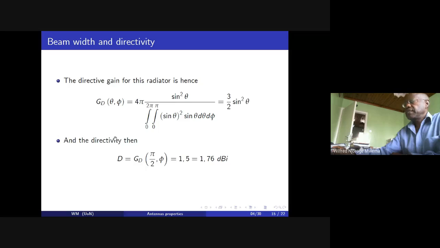The directivity will then be given in the direction of maximum radiation, which we saw is for theta equal to 90 degrees, and therefore it's going to be given by G_D(pi/2, phi), which is equal to 1.5, and this is about 1.76 dBi, or dB with respect to the isotropic radiator.